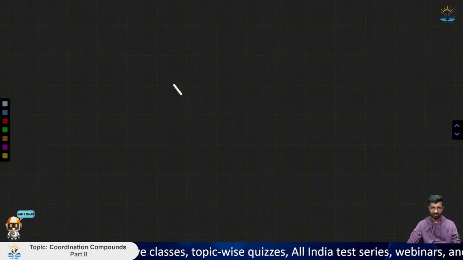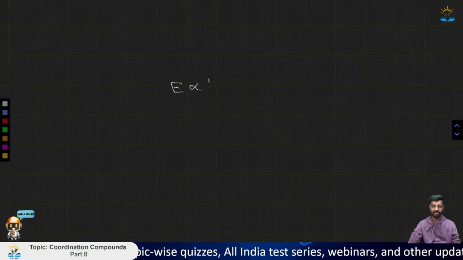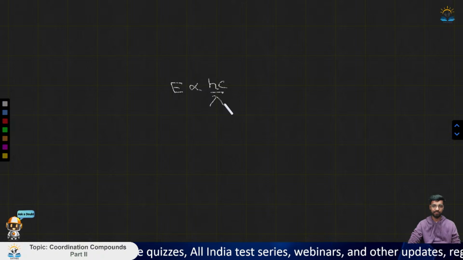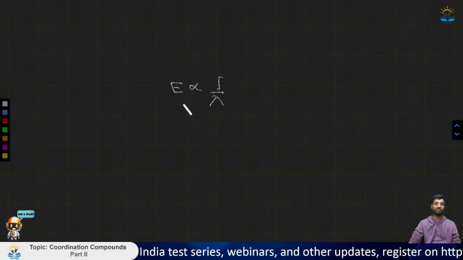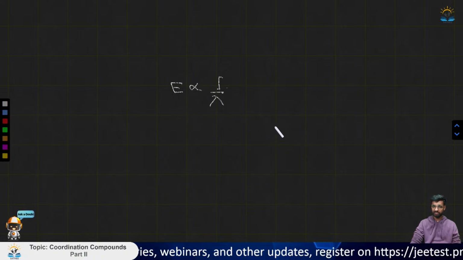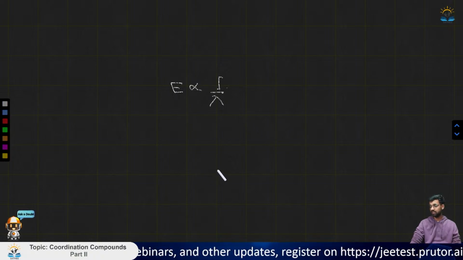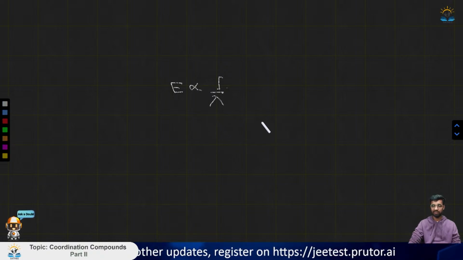If you consider the formula, E is dependent upon hc by lambda, so E is proportional to 1 by lambda. If you are absorbing energy, then it depends on the energy gap.